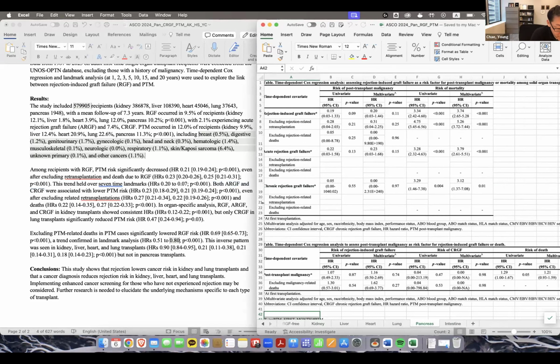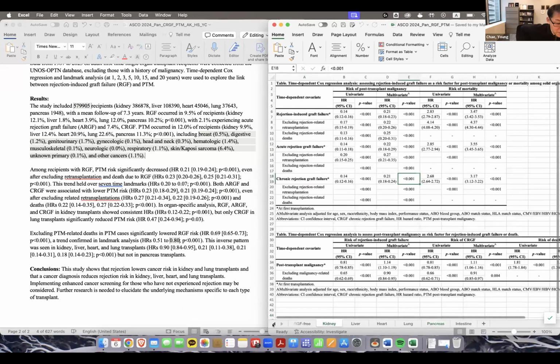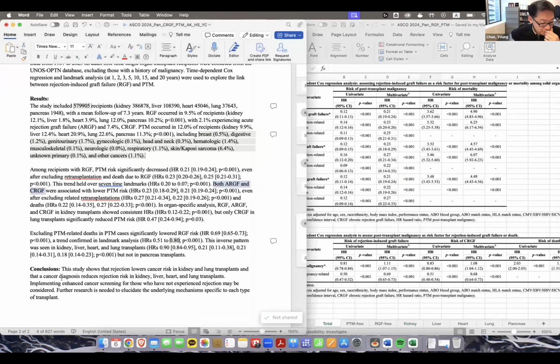So this study showed rejection lowers cancer risk in kidney and lung transplants, and that a cancer diagnosis reduces rejection risk. I would say cancer diagnosis post-transplant reduces, or you can change it to PTM.